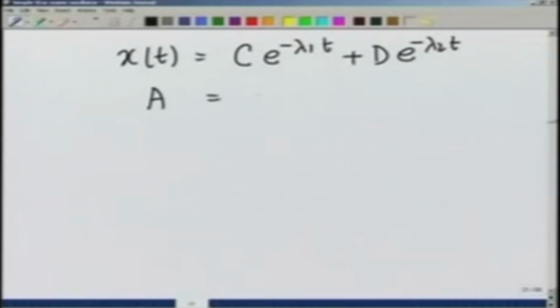x(t) is equal to c e raised to minus lambda 1 t plus d e raised to minus lambda 2 t, and therefore I am going to have a is equal to c plus d.